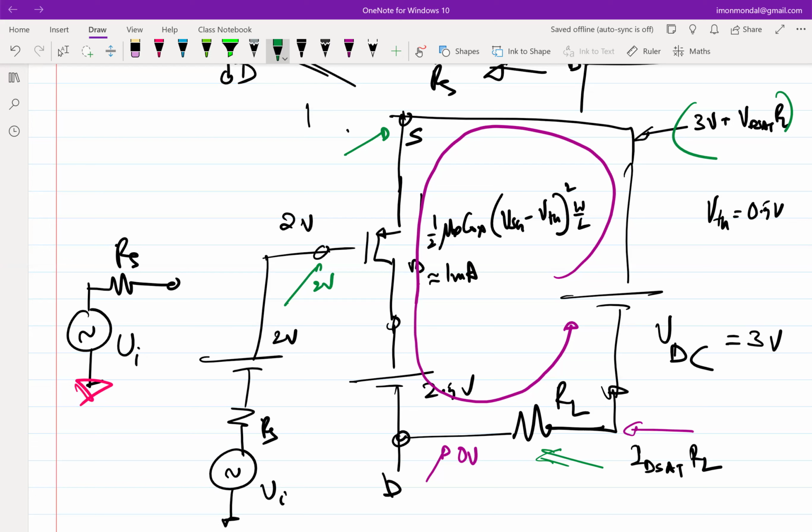So a part of the job of a designer is the interplay between the incremental model and the quiescent point, to ensure that the quiescent point doesn't change. This was a very good digression which was required.